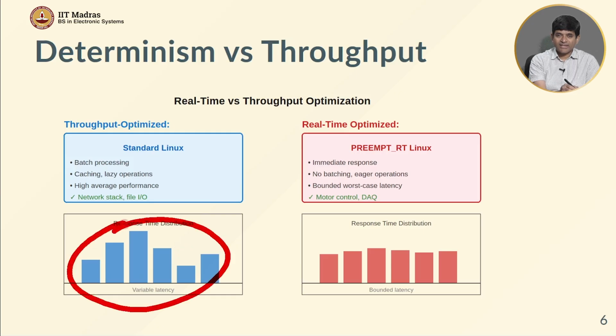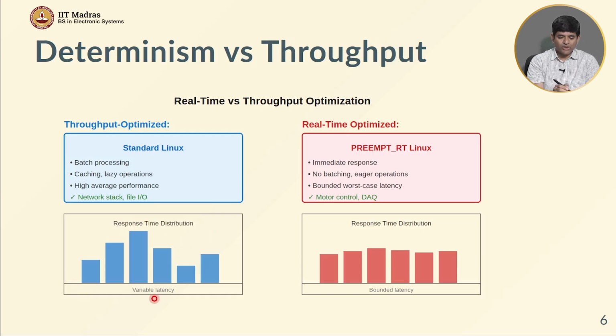This is just a schematic chart, not actual data, right. It is showing you that you can have variable latency. Sometimes as time goes on, you find that the latency is fairly low, but sometimes it can become fairly high, then it again decreases, again increases. The maximum to minimum variation is fairly high over here.